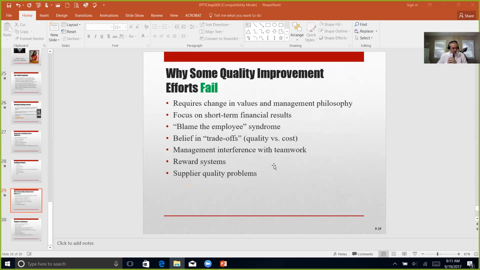All of our organizations have a mission, vision, and value statements that we all have a chance to review periodically.